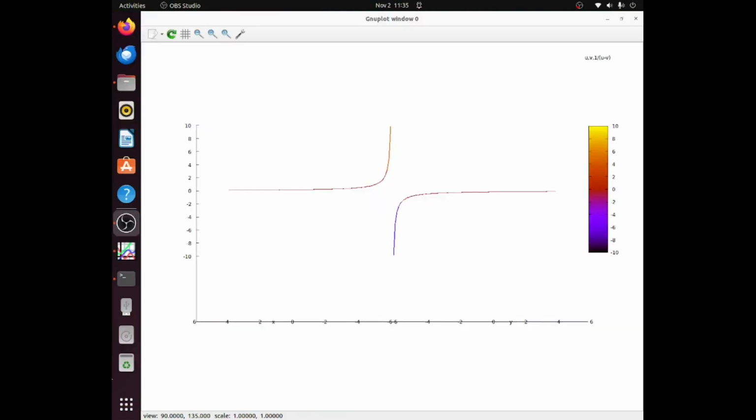I'm looking at this sideways, and I can see that I get the kind of behavior that I was sort of expecting, but in actuality, it's worse than it looks.